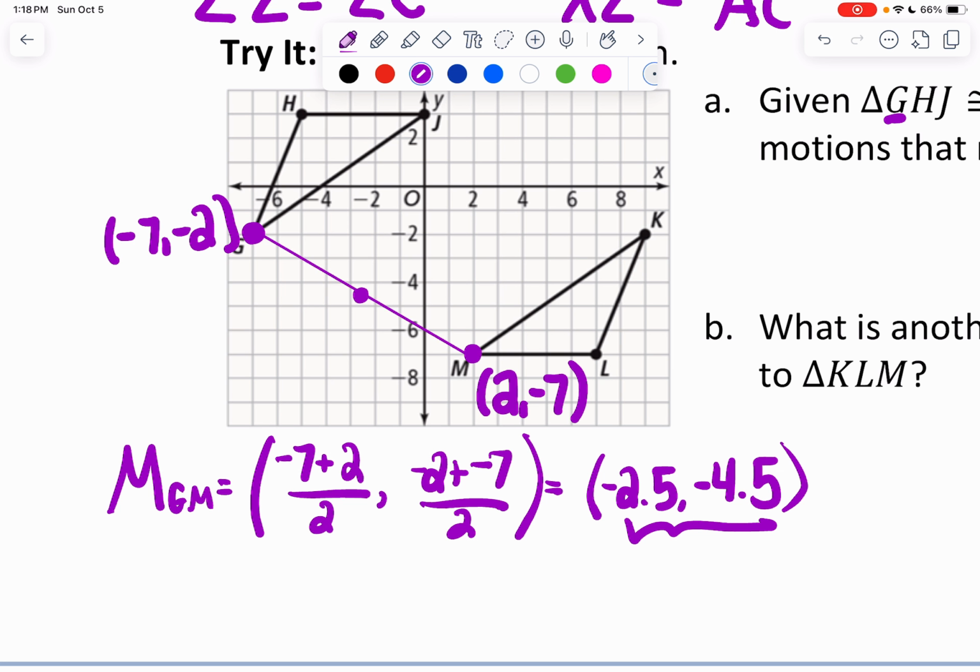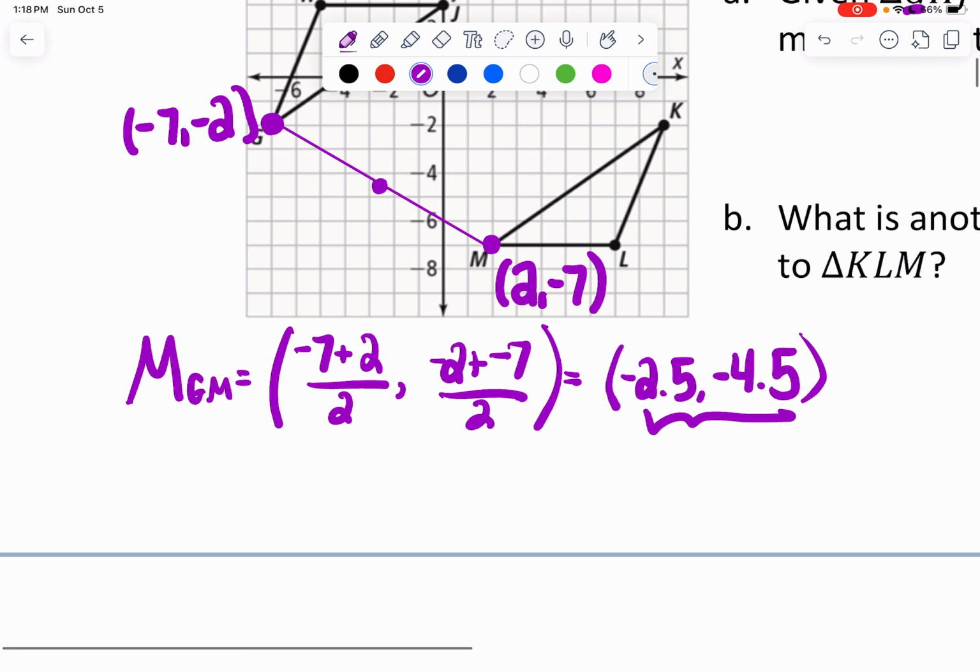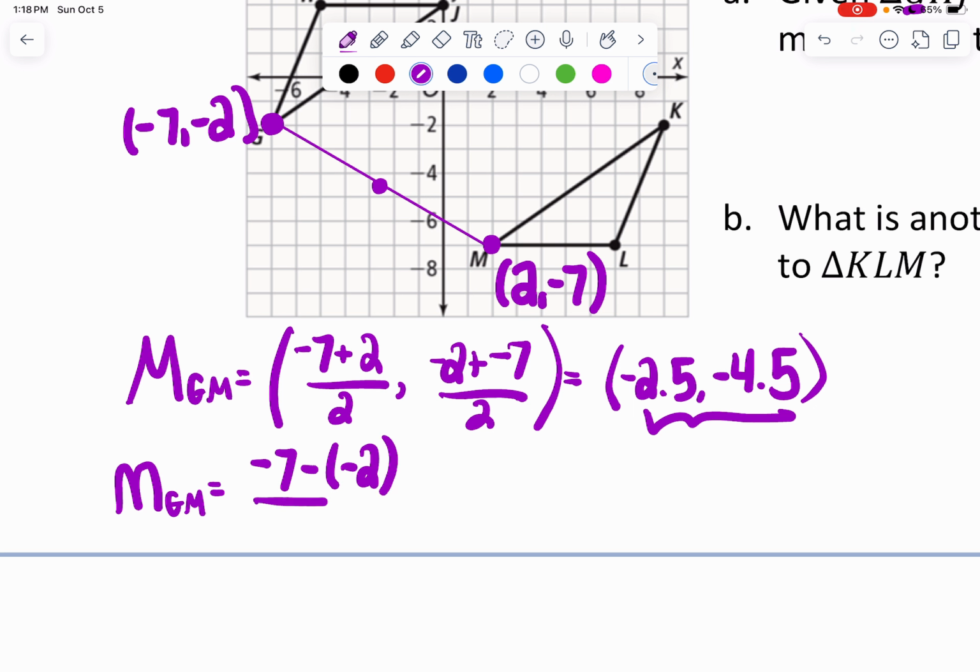All right, so then remembering the line of reflection is perpendicular, I need to find now the slope of GM. So it would be y2 minus y1, so negative 7 minus a negative 2 divided by 2 minus a negative 7.